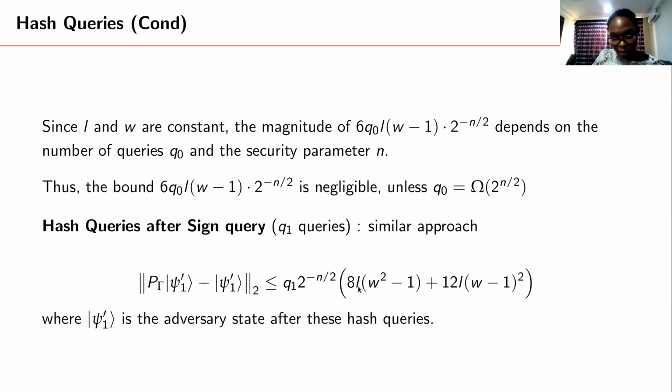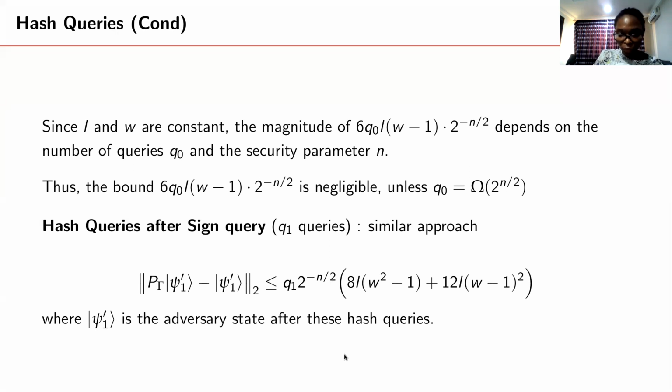Since W and L are constant, this number again only depends on the number of queries and on the security parameter. And this number can again be negligible if the number of queries is smaller than this factor 2 to the n over 2.